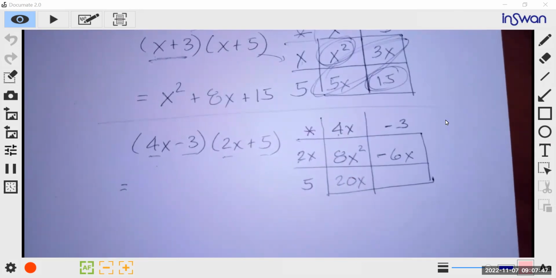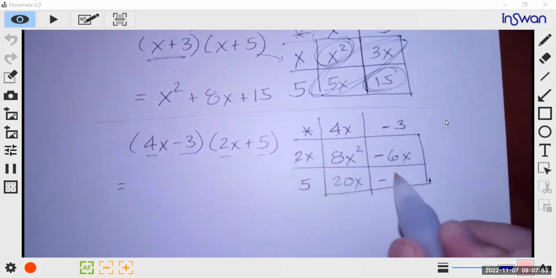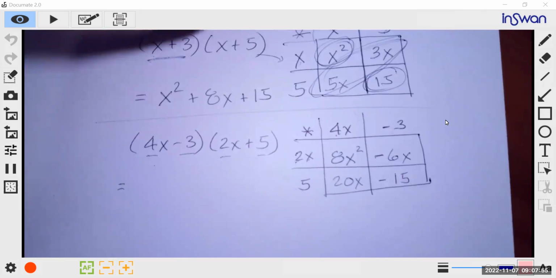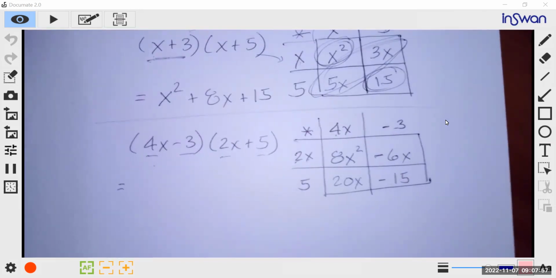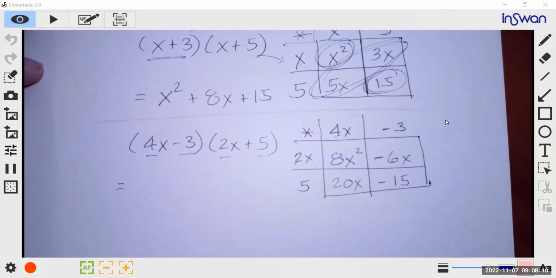There's only 1x. Positive times negative is negative. 5 times 3 is 15. It doesn't matter how you put them, because when you multiply these out, you only get one answer.